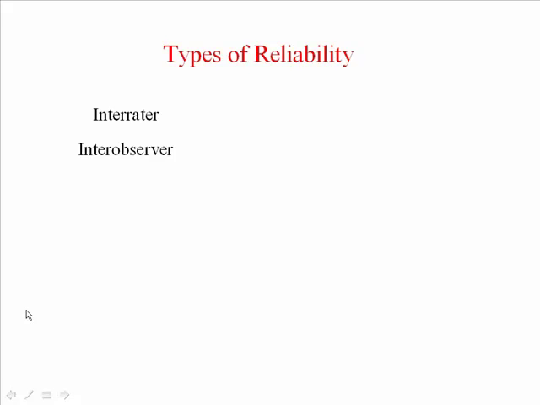And in order to establish consistency, we're really establishing consistency between the individuals who are reading and scoring the essays. Inter-observer is a similar issue in that the consistency is still between the individuals doing the data collection.